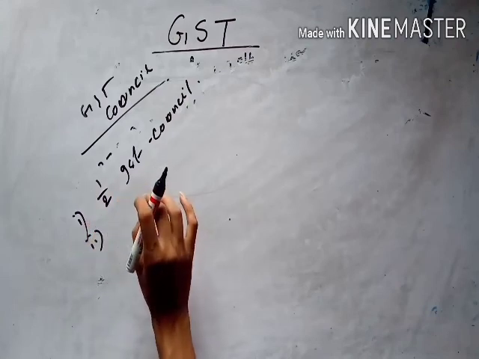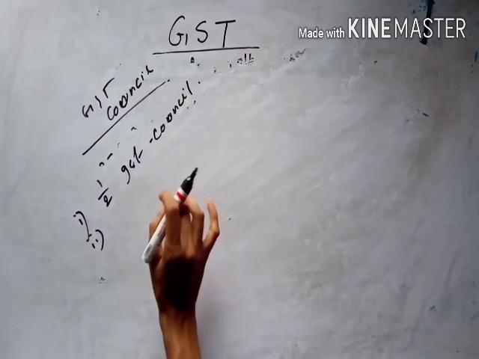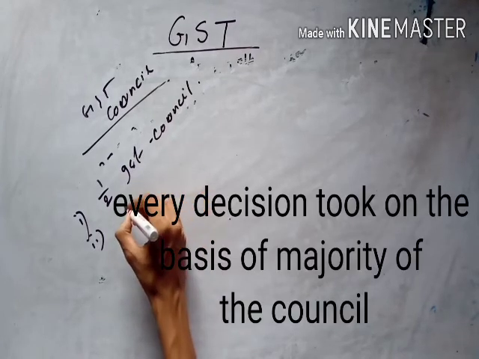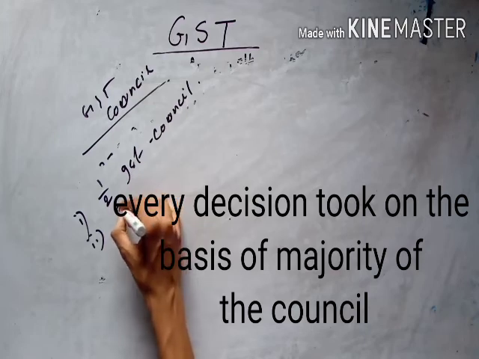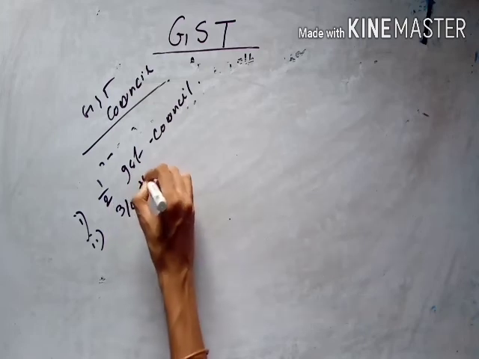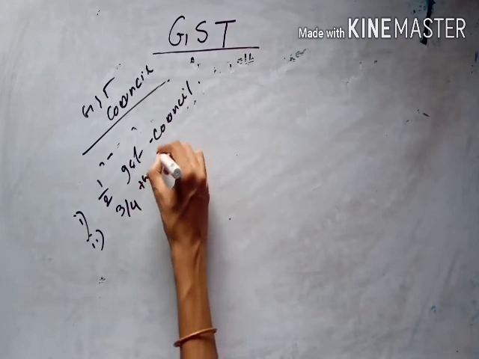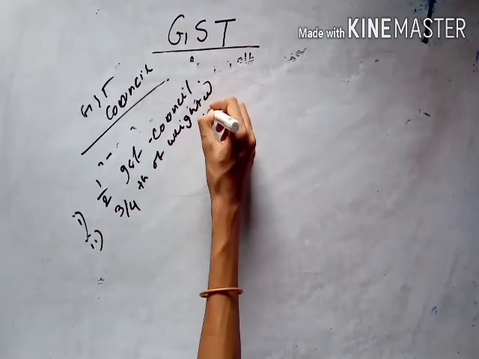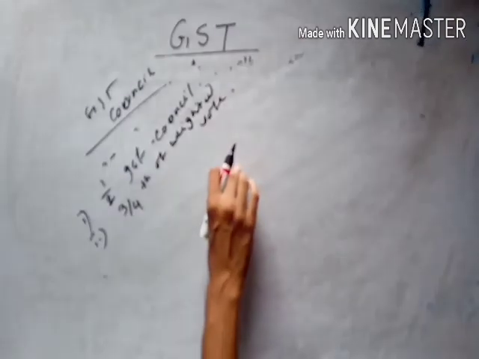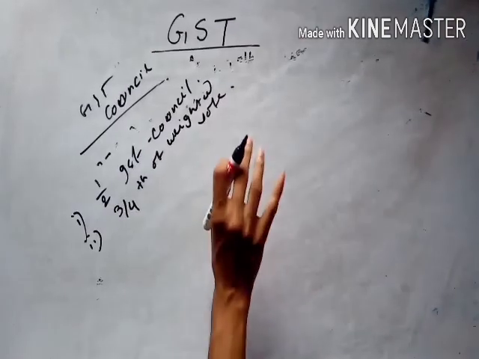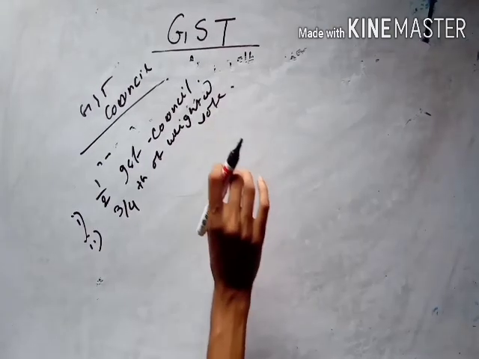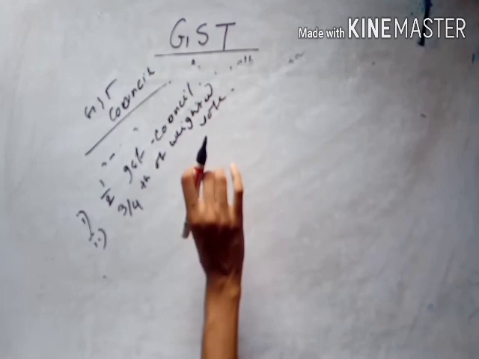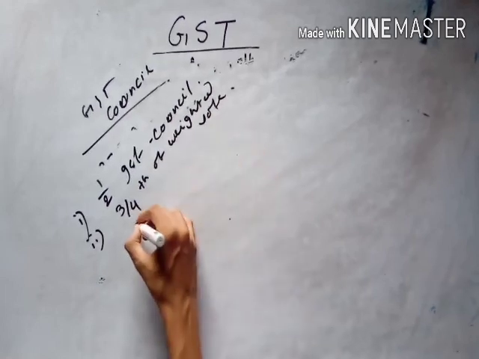Every decision of the GST Council shall be taken at a meeting by a majority of not less than three-fourths of the weighted votes of the members present and voting, in accordance with the following principles.